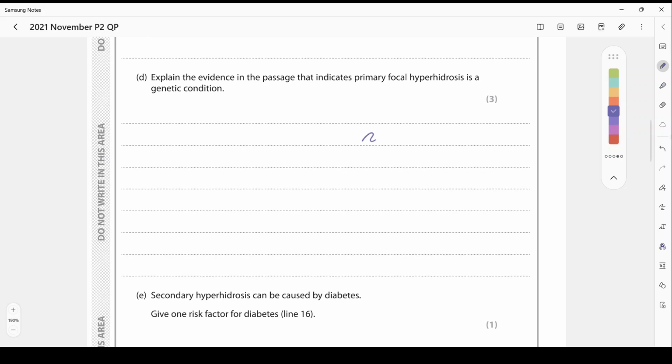Okay, so let's write that down. In the passage, it says that this condition runs in the family.